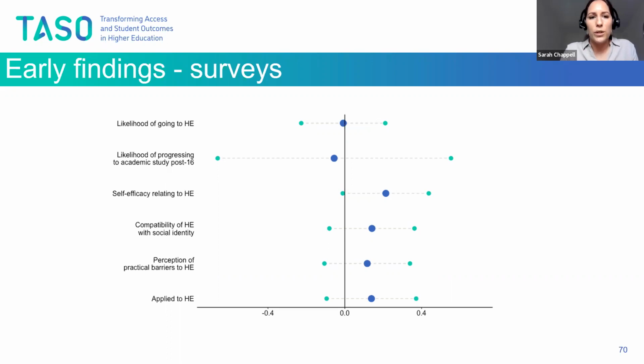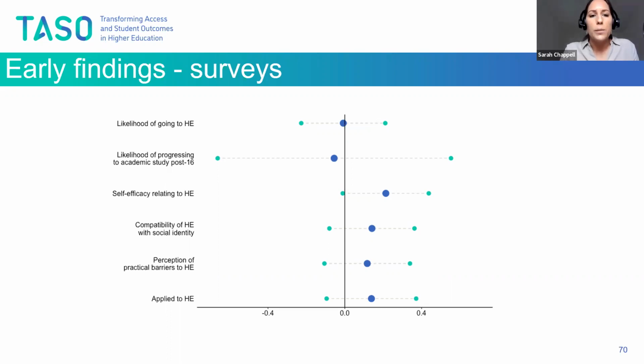I don't want to get too bogged down in the statsy bits here, as I know we don't have much time left, but these lighter green dots show the confidence intervals, and this is where sample size is really important. For example, for the likelihood of progressing to academic study post-16, the confidence interval is really, really wide, because our sample size was so small here.